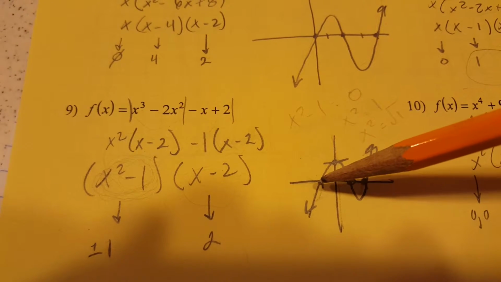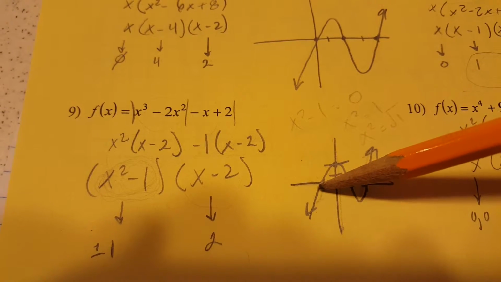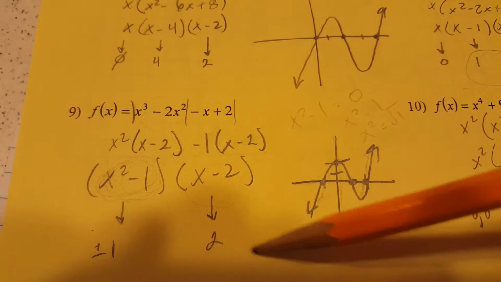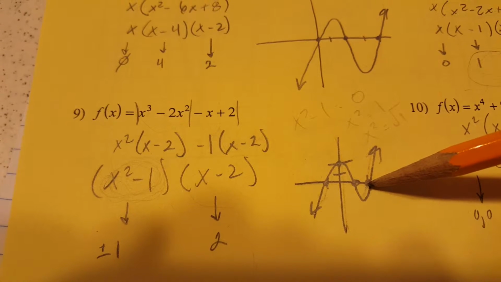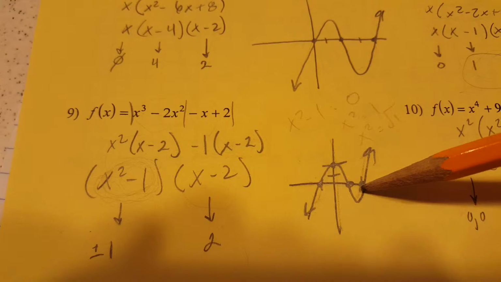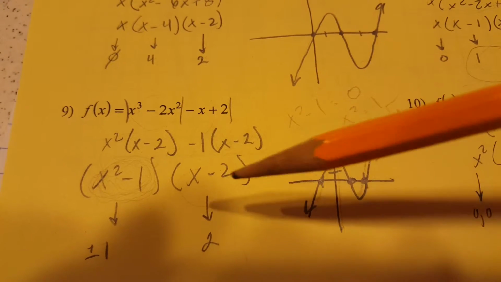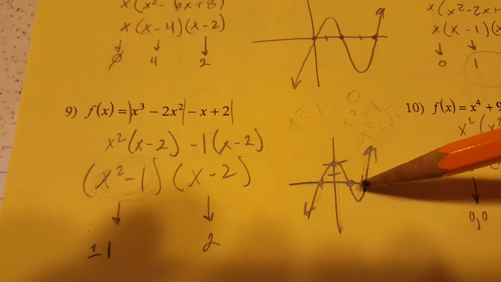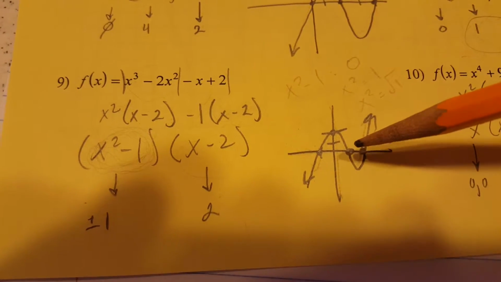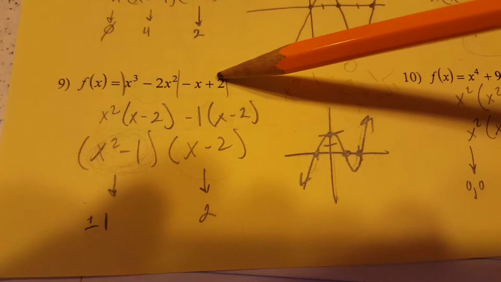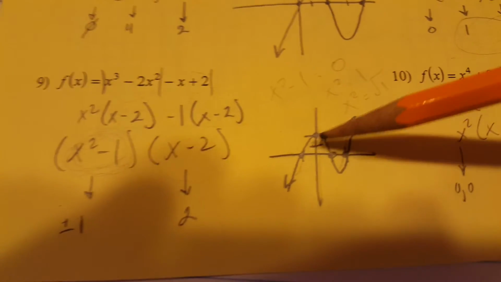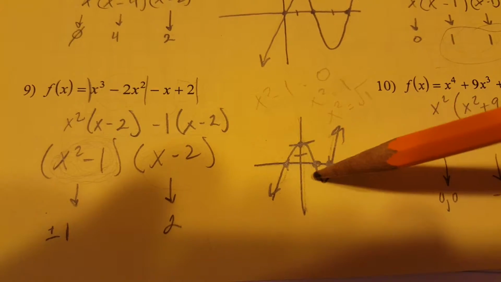So then to graph it, you have a negative 1 intercept, a positive 1 intercept, and a 2. And then the y-intercept, like you did before. How did we find the y-intercept before? Oh, duh. It's right here, right? This last term, which is 2. So then that's how the graph goes.